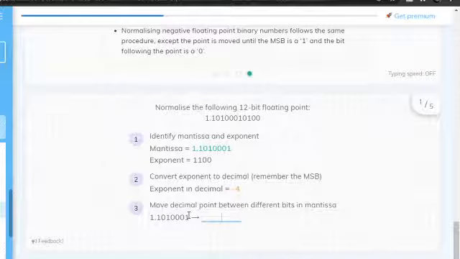I'm having a nightmare here. So convert the exponent into decimal, and move the decimal point between bits in the mantissa. This isn't normalized anyway because it literally says you have to make sure that it's like that. Is it that? No. What is it? How have you got 11 then? Where does 11 come from?